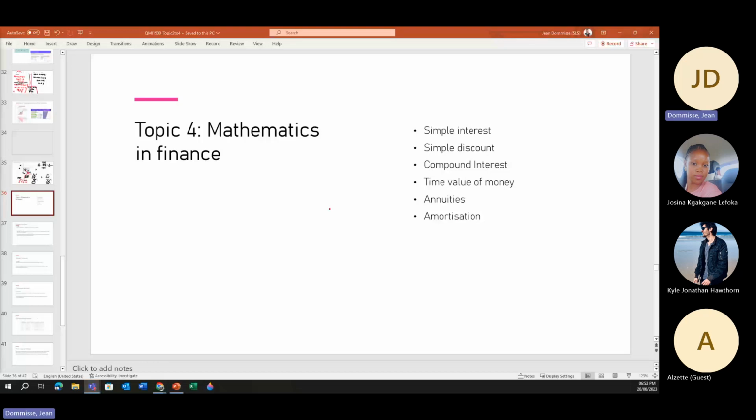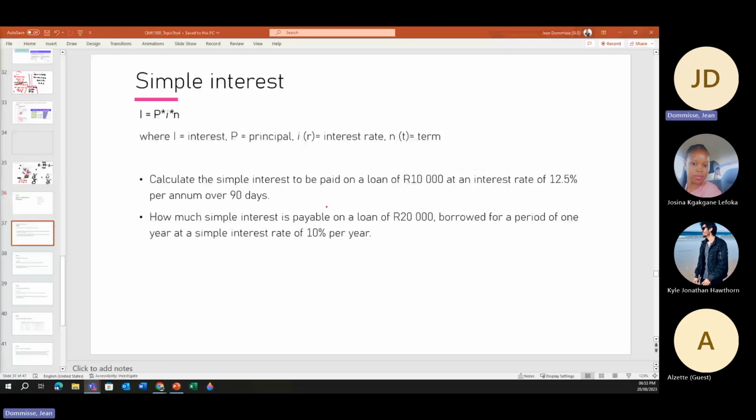Okay, so let's look at the first one, simple interest. The important thing about simple interest is that they can ask you two questions around it. The one question is to calculate the interest, nothing else. You can use the simple interest formula, which is straightforward.